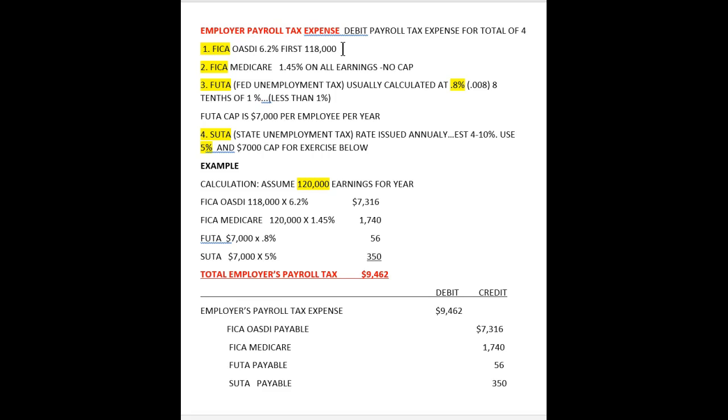the same example that I used before that focused on the employees' FICA, which consisted of the OASDI and the Medicare.